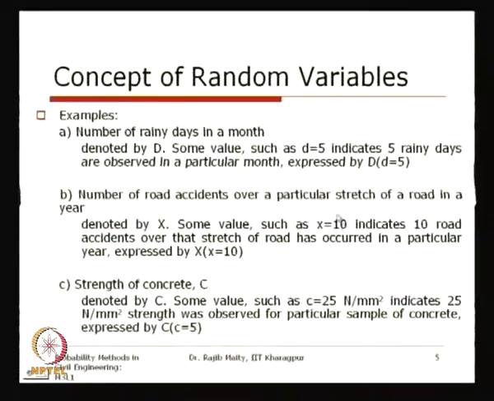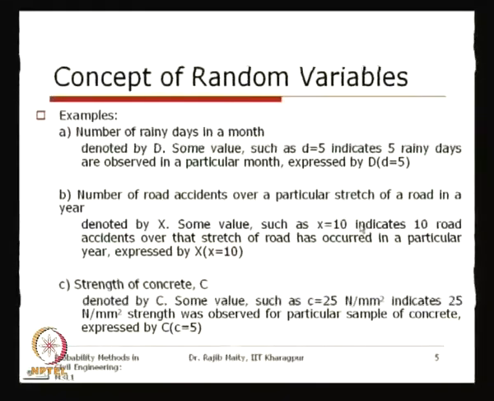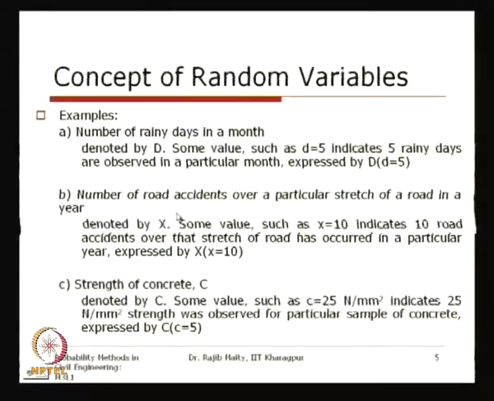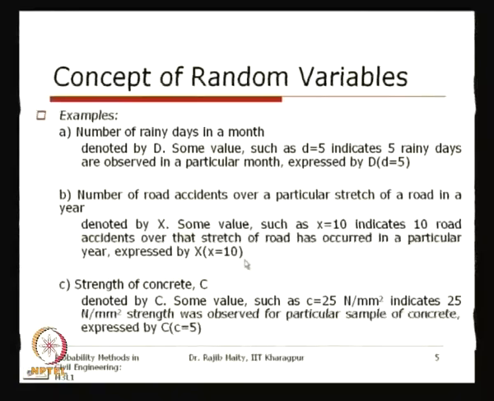Now this value 10, or the value 5, can change in successive time steps, in this case in successive years. So the number of road accidents is my random variable, which for a particular year takes a specific value, X equals 10.